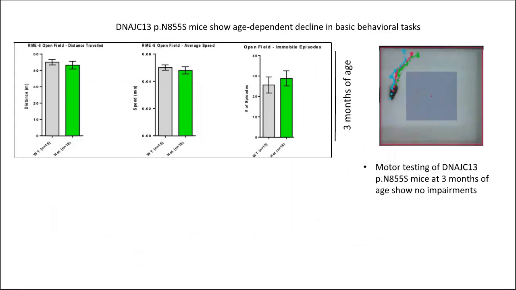And then we take the mouse as a whole, and we place them into this open box, and the mouse is free to roam, it's free to explore, it's free to groom. And what's quite interesting is that at 3 months of age, so the mice are quite young, their ability to walk around and to roam and the speed at which they travel is consistent between wild type, healthy and mutant mice.